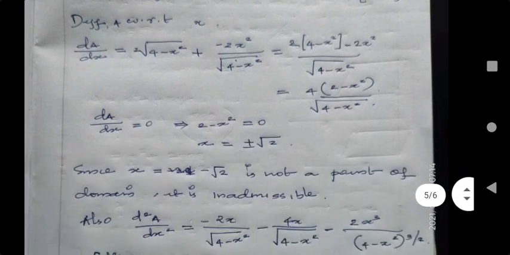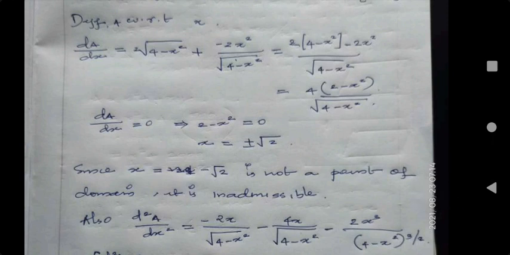Differentiating A with respect to x, dA by dx equal to 2 into root of 4 minus x square plus minus 2x square by root of 4 minus x square, equal to 2 into 4 minus x square minus 2x square all divided by root of 4 minus x square, equal to 4 into 2 minus x square divided by root of 4 minus x square.